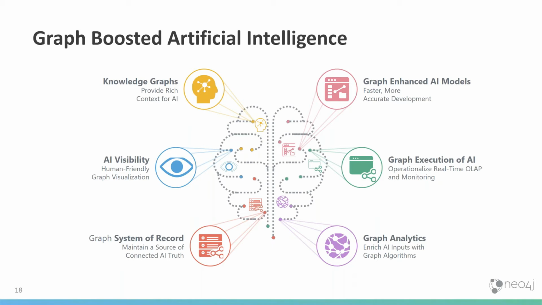So providing visibility into how a neural network might have executed a particular thought or series of results by illustrating the graph that it actually navigated, creating graph decision and systems of record capabilities, or enhancing existing AI models using PageRank and density and other types of graph algorithms, and executing overall AI operations.